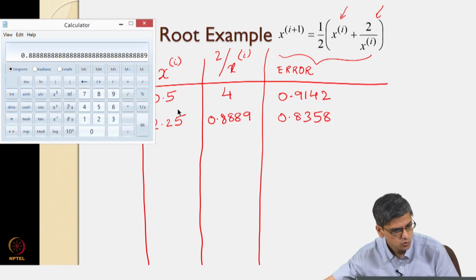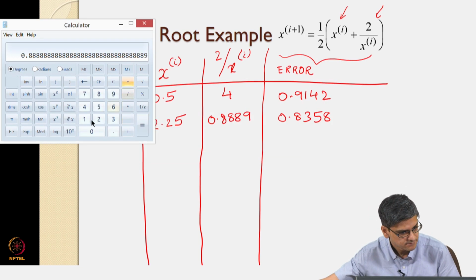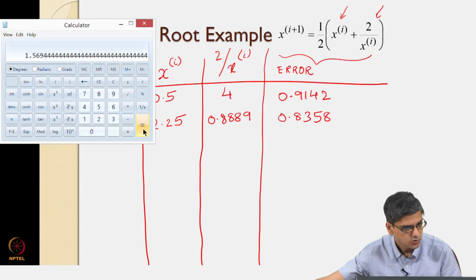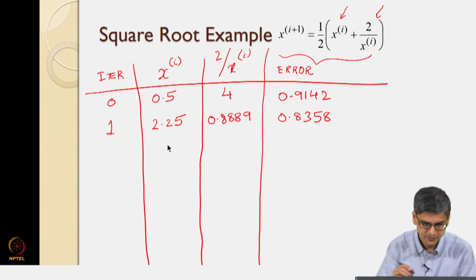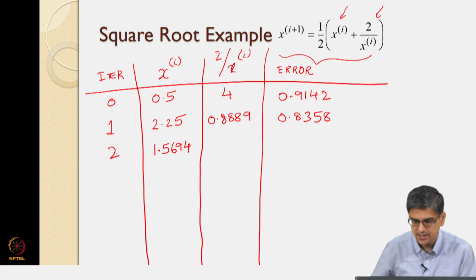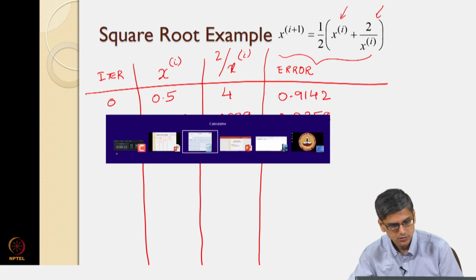And we add 2.25 plus 0.8889 and divide by 2. That is going to be our next guess, which is 1.5694. That is the value that we get at iteration number 2.